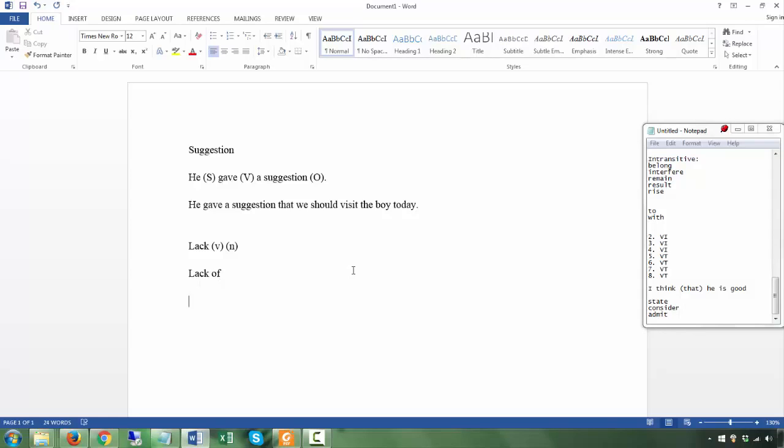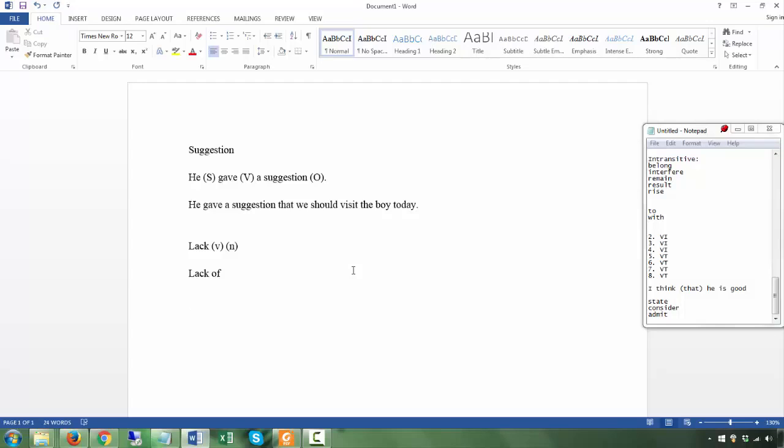Firstly, when I tell my students to come up with a sentence using lack as a verb, they use it as a noun because they are not aware of the sentence structure. If it's used as a verb, it has to come after the subject, right?